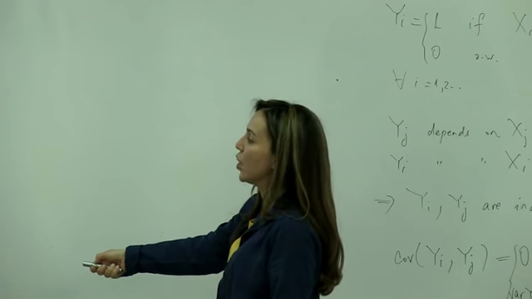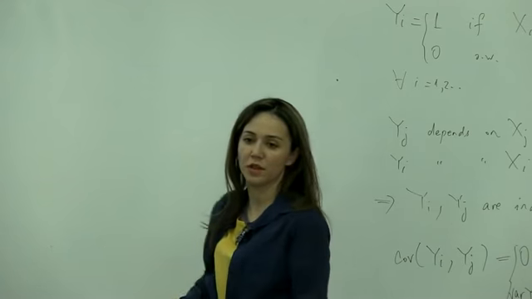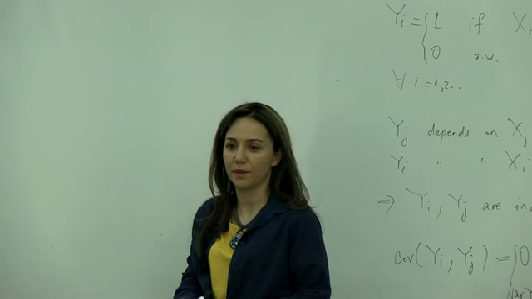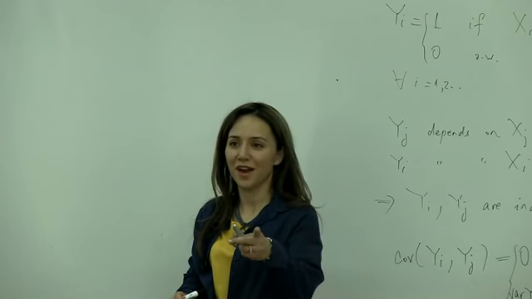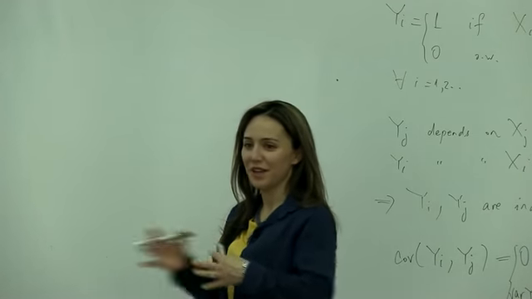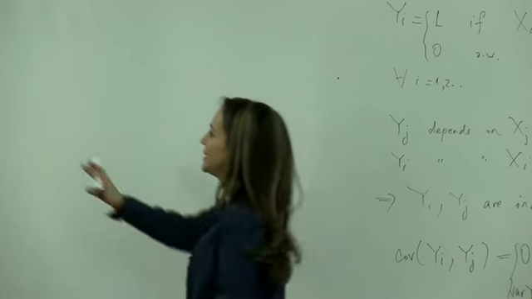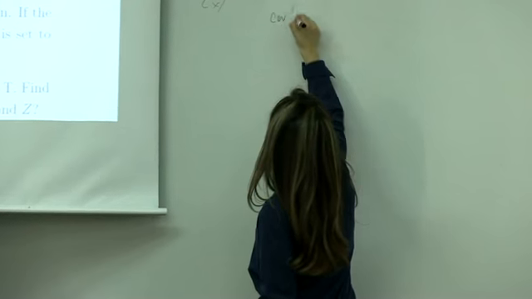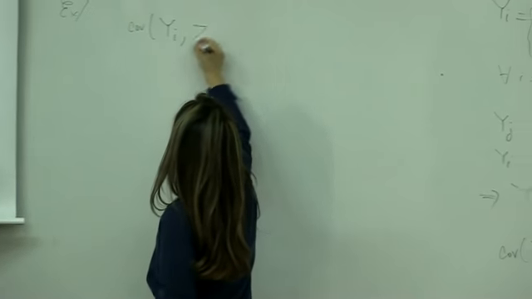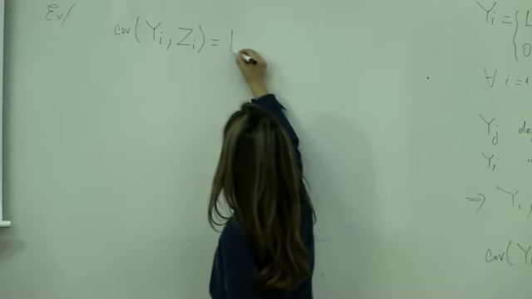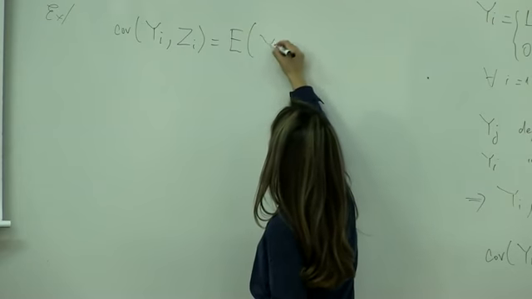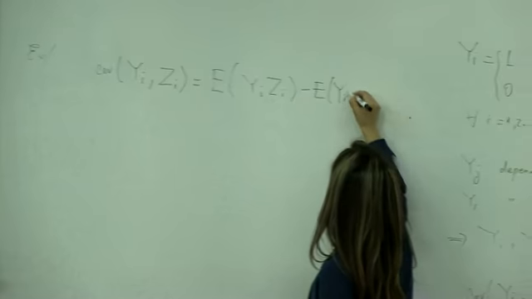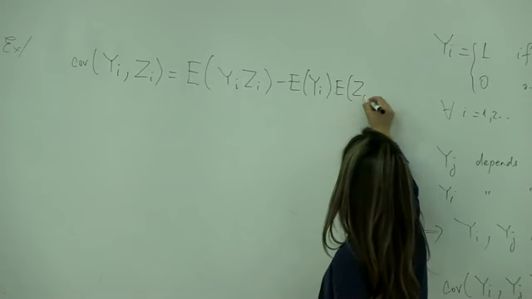What is the sign of the correlation coefficient for y sub i and z sub i? Do you think? Negative, right, because they work the opposite way. Let's show that that's the case. We need to compute the covariance of y sub i and z sub i. So expected value of y_i z_i minus expected y_i times expected z_i.